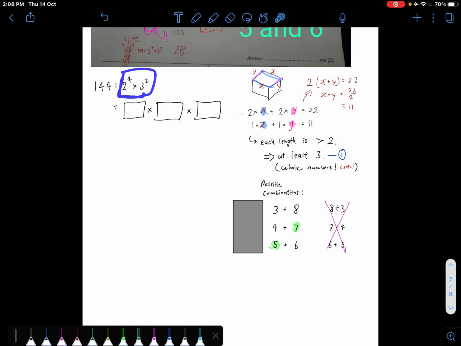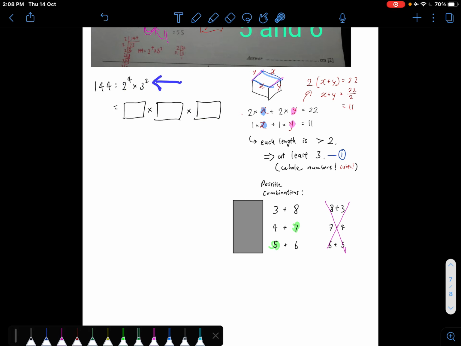I hope you know that when you prime factorize it and try to split it up, you can only get 2 power something, 3 power something in each of these places, right? A prime number to a power of something, another prime number to a power of something. You cannot have an extra 5 power something or 7 power something.